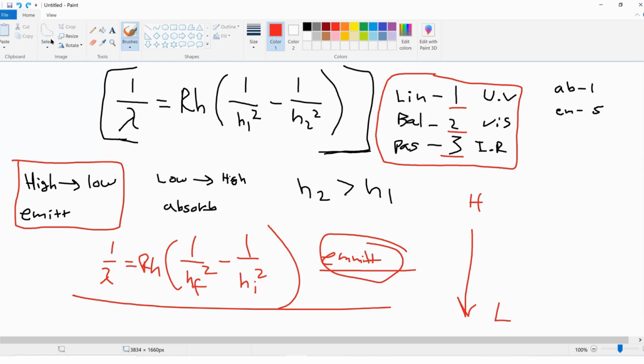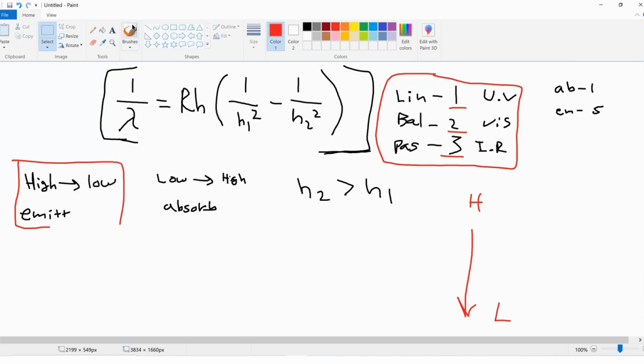In a problem, most of the time, when they say, given let's say n2, an electron emits a certain photon, and they want you to find the other energy level.